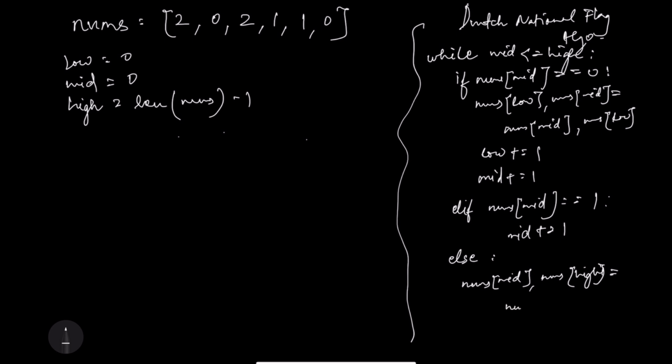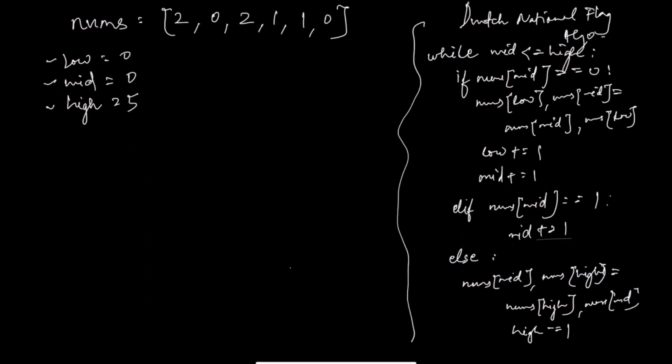So it will be nums of high and nums of mid, and we will decrease our high pointer. So yeah, that is it for the algo. Let's move on to see our dry run.